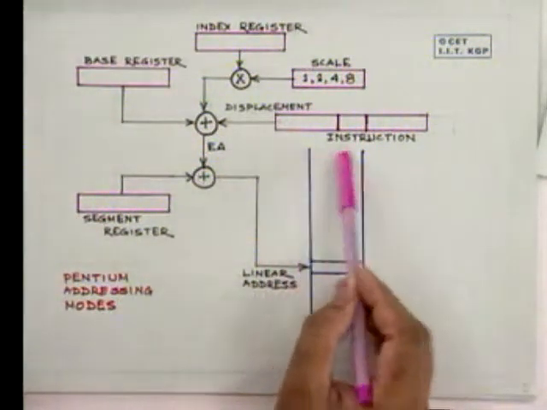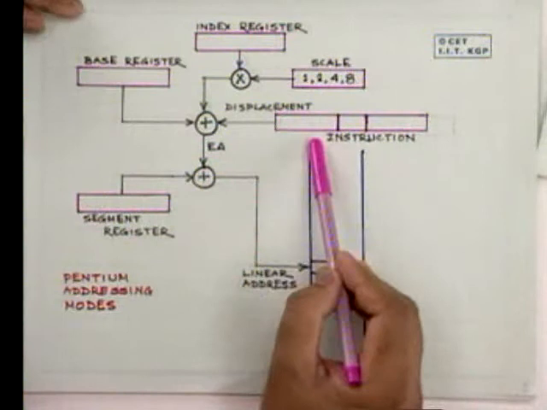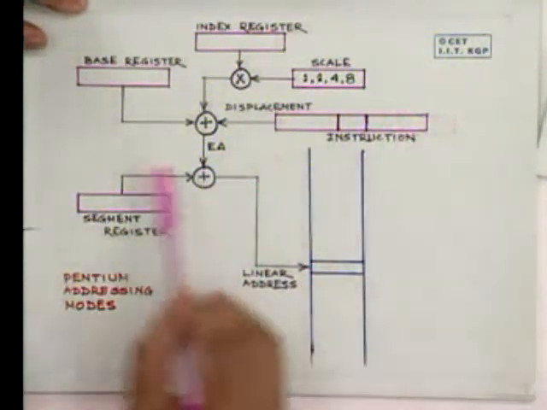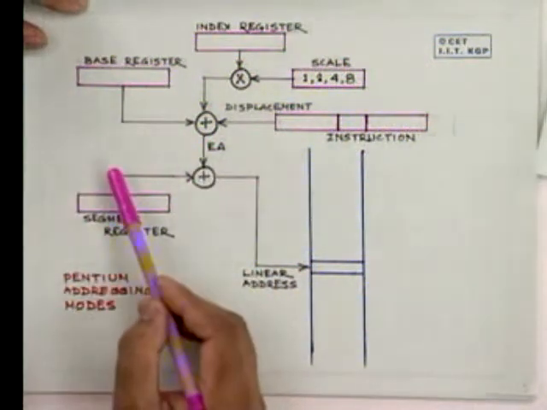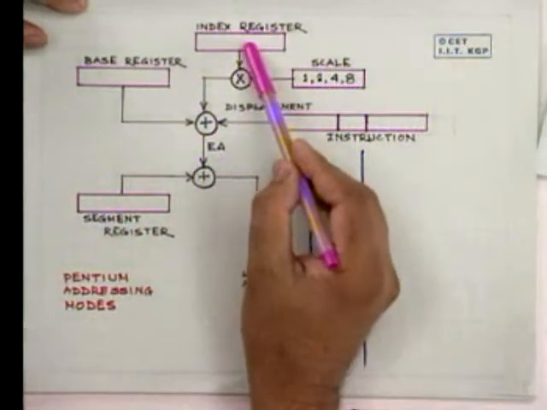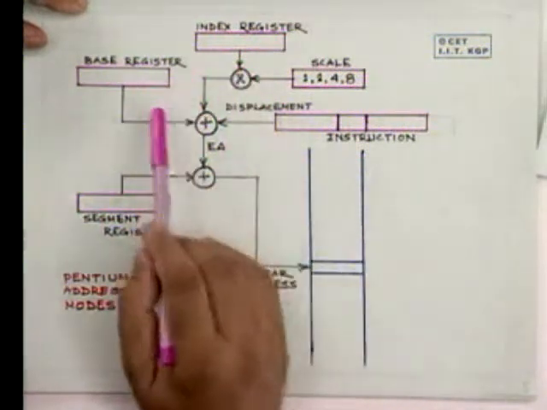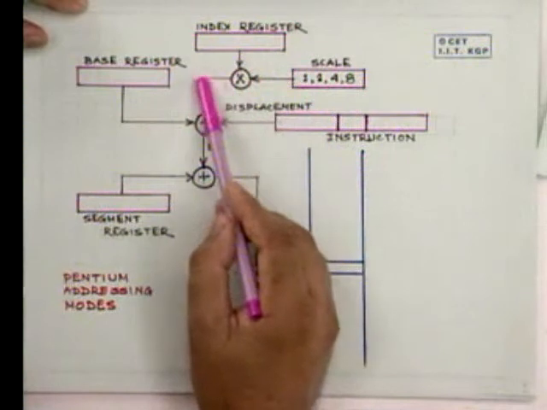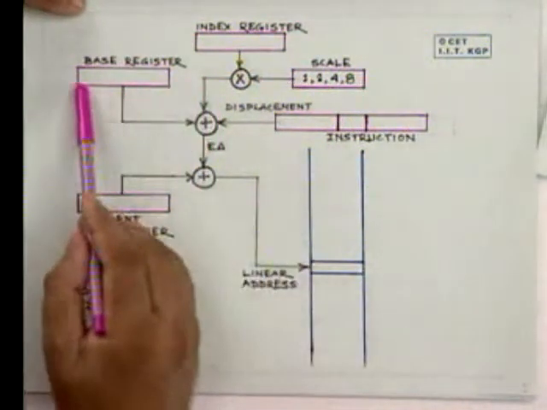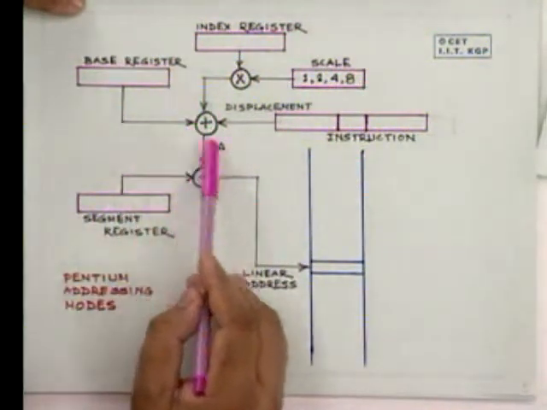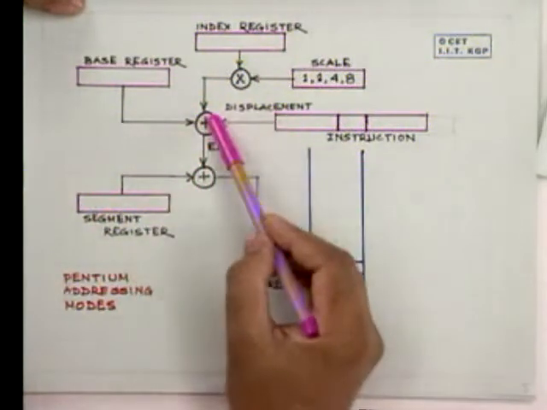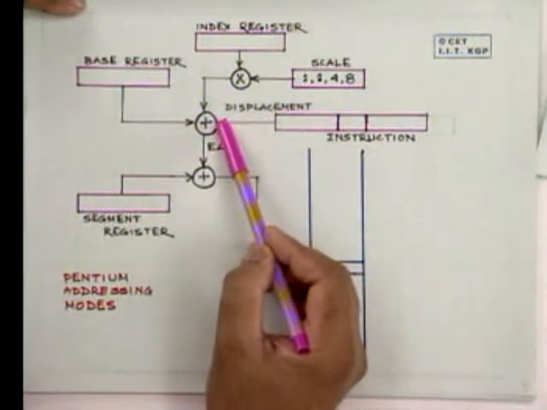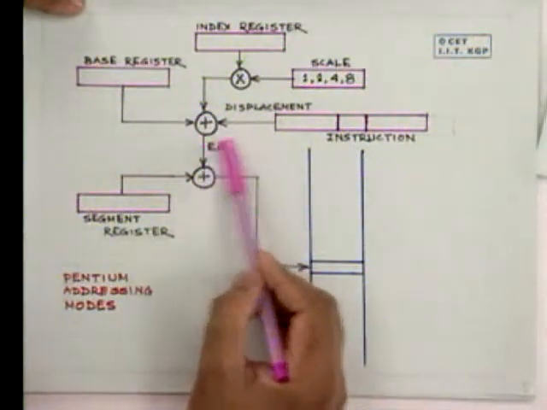This is one instruction that is being executed. Then an effective address can be generated: you take the content of the index register, multiply it with any of the scale factors, and add that to the base register to get an effective address. Now, the displacement from the instruction can also be added to get that effective address.